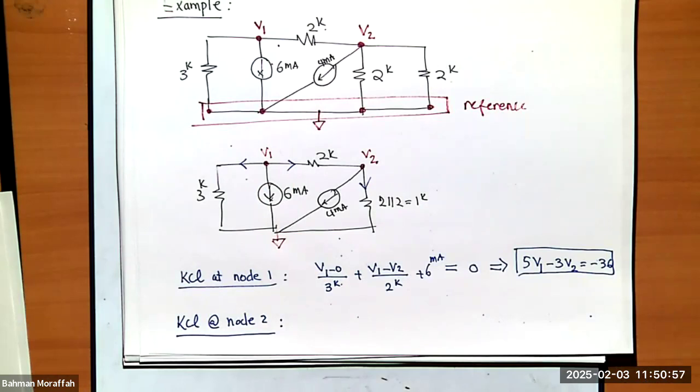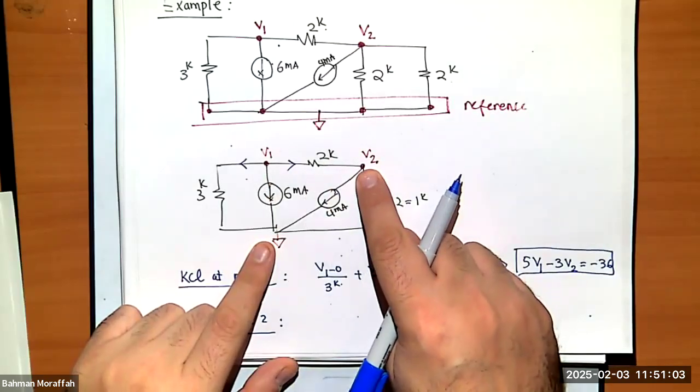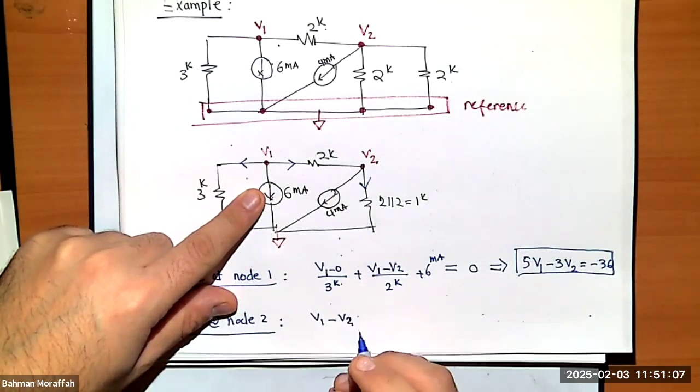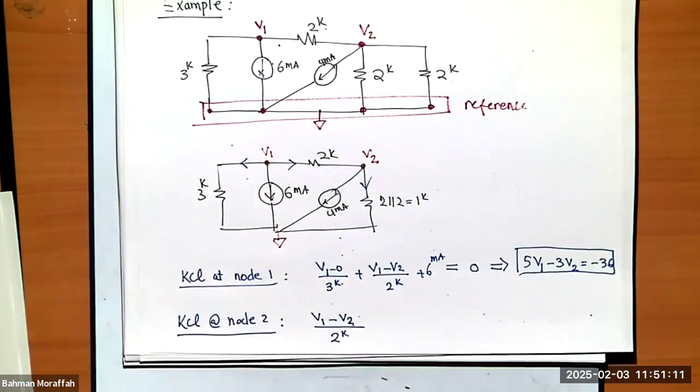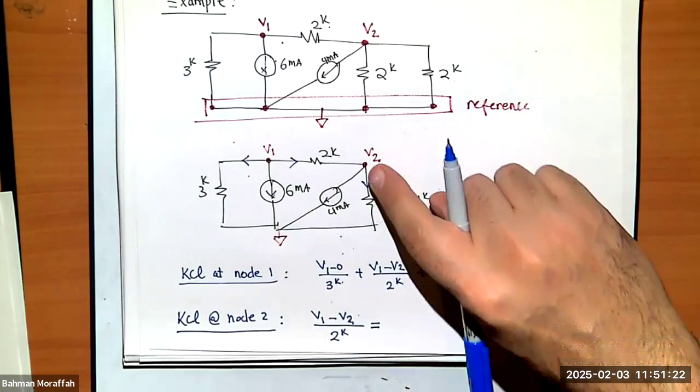It means coming out should be the same as going in. What is it that's going in here? I have V1 minus V2 divided by 2K, right? Do I have anything else that's going in? No. Equals whatever that's coming out.